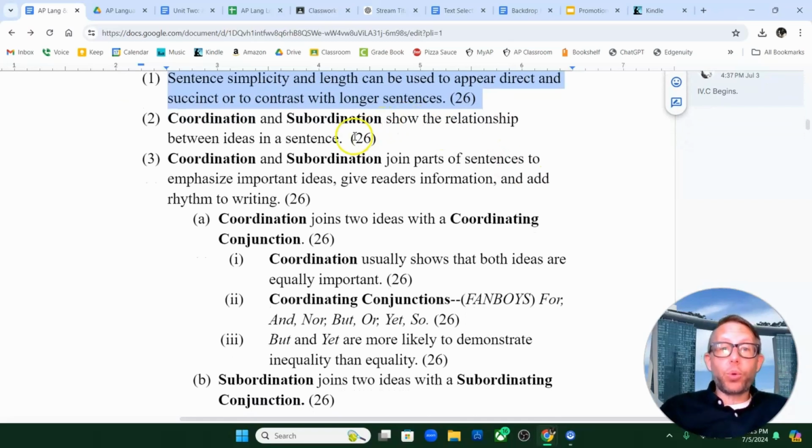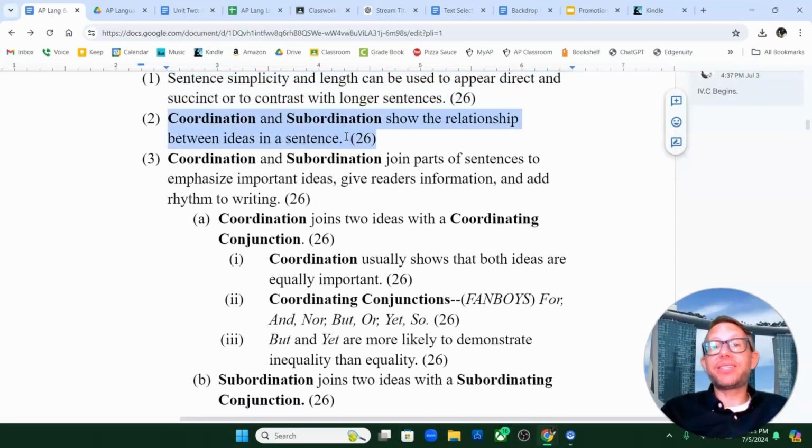Now, the other thing, of course, is this concept of coordination and subordination, which can show the relationship between ideas in a sentence. And really, if you think about those words, if you think about two things that are coordinating together, they're sort of like equal. They're partners. They're working together.